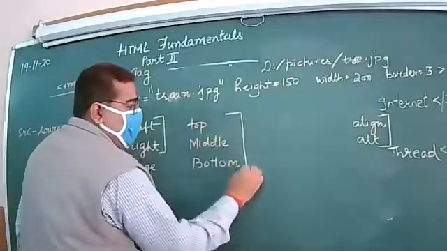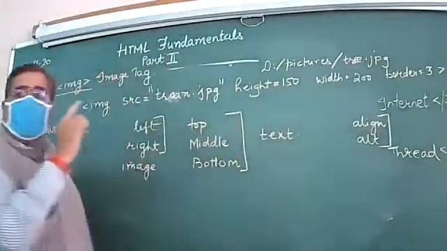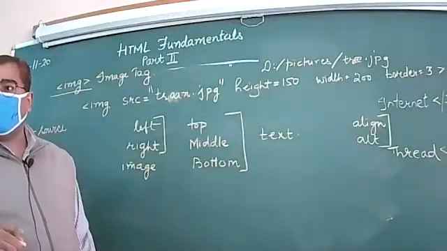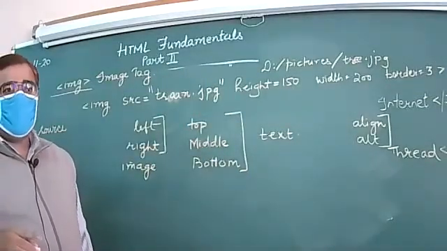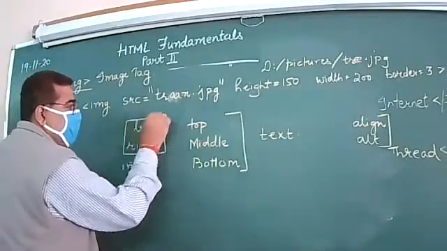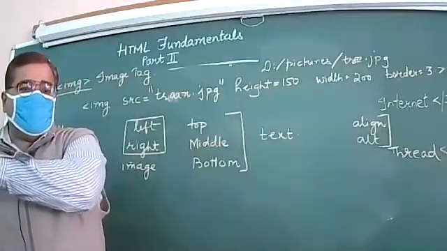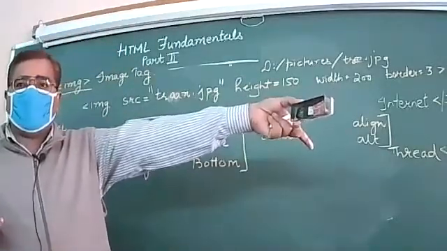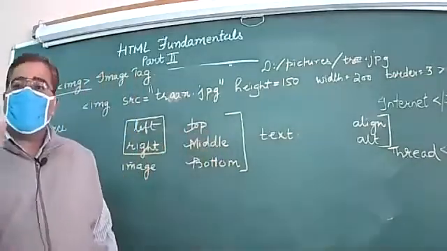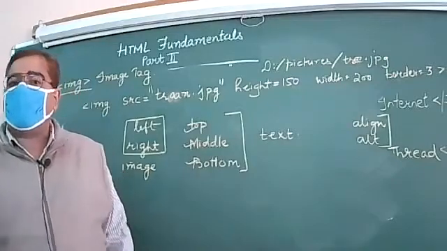But these three values, they are associated with the text that you have inserted along with the image. Got my point? These two values are with respect to image: left side image or image comes on the right side. But these three values are in connection to the text that you have written along with the image.